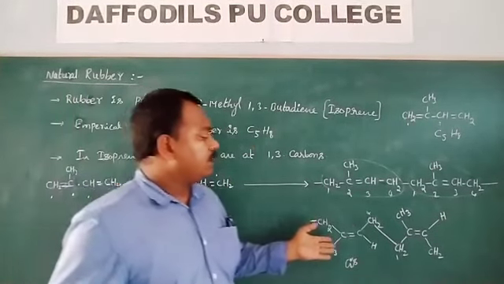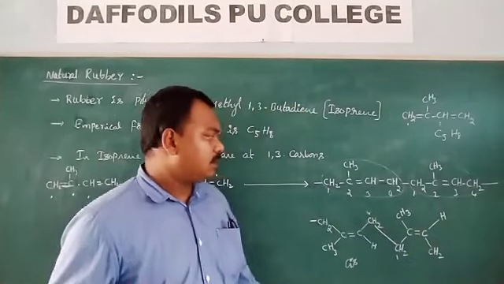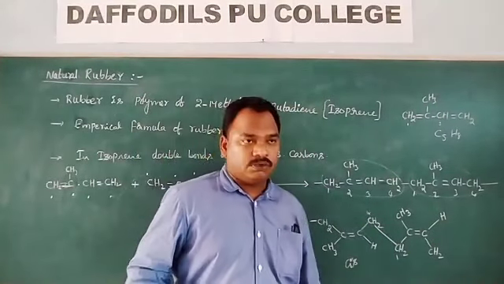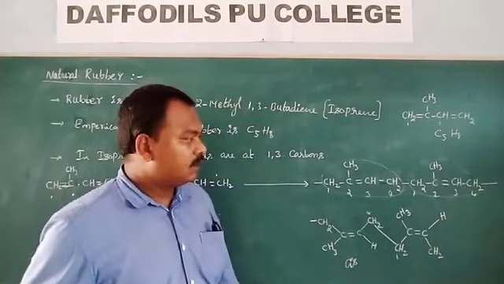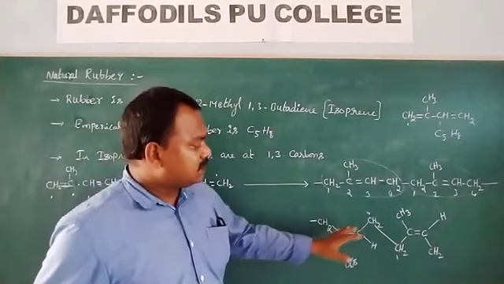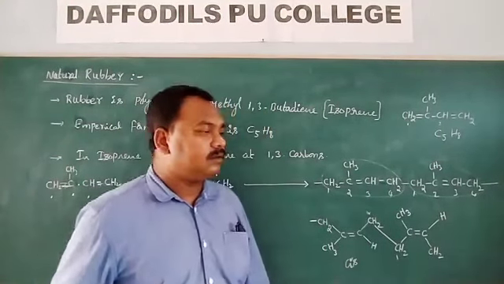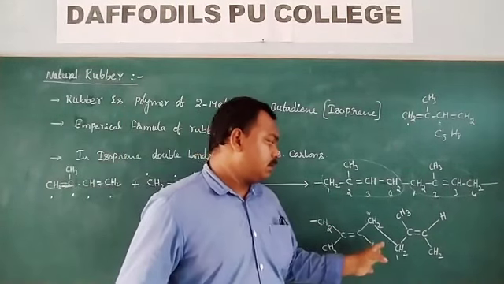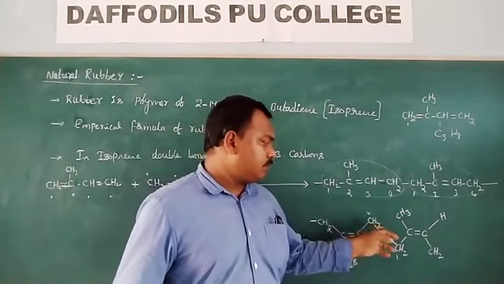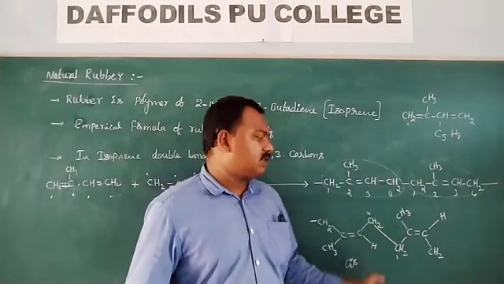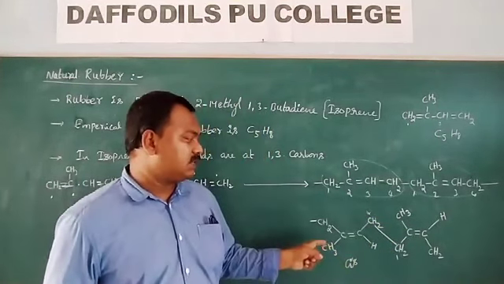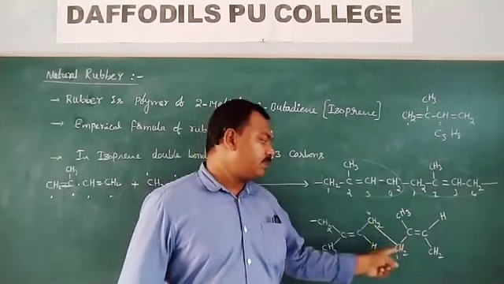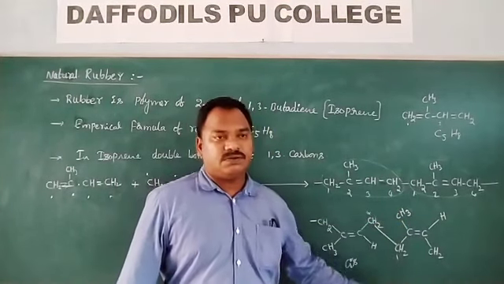Like this, you get lengthy chains of isoprene units. Why is this type of arrangement there in isoprene units in rubber? To reduce the repulsive forces, the isoprene units are in cis configuration.